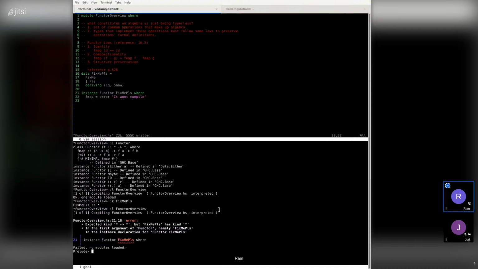But the type that we provided doesn't take anything. Remember, on the left-hand side we have type constructors and data constructors. It's recognizing it not as a higher kind of type, but as a fully realized type, and it's going to say, sorry, this is not a higher kind of type. It violates the type constraints required for the functor instance to be created, and we can't actually instantiate this.